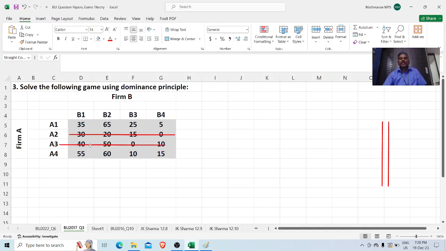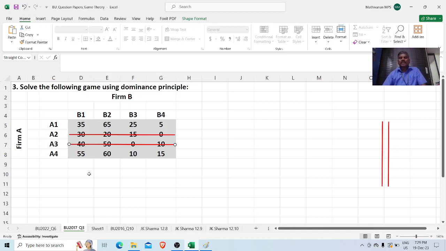So we will strike out strategy A3. Still, we will look for any opportunity to strike out the strategies. So already we have compared the strategies of firm A and eliminated 2 strategies, that is A2 and A3.